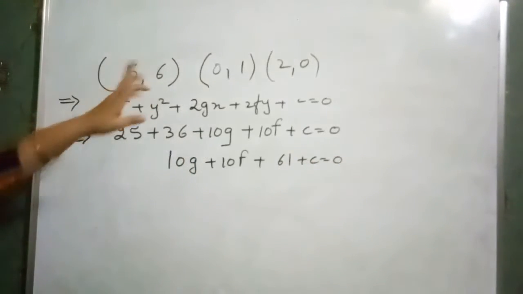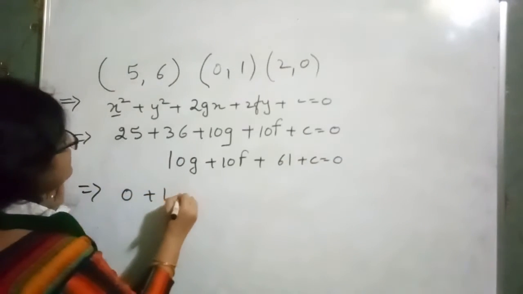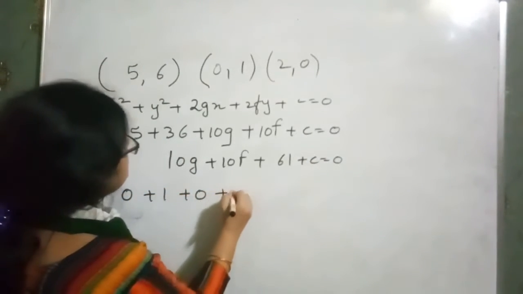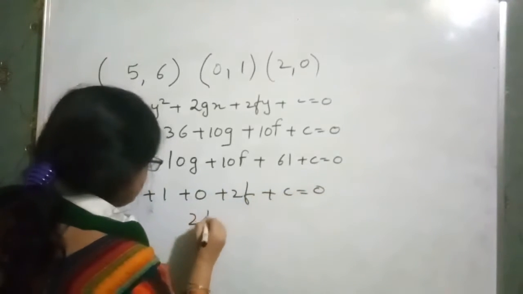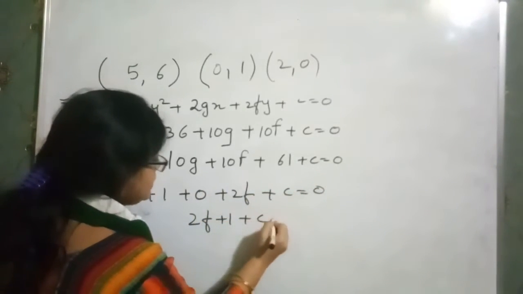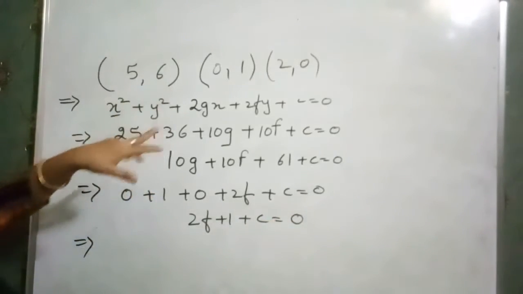Now find the second equation for 0, 1. So we have 0 plus 1 plus 0 plus 2f plus c is equal to 0. So we have the equation 2f plus 1 plus c is equal to 0. Now I am putting the third one, 2, 0.